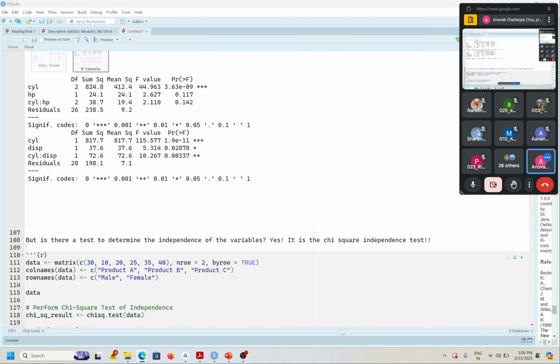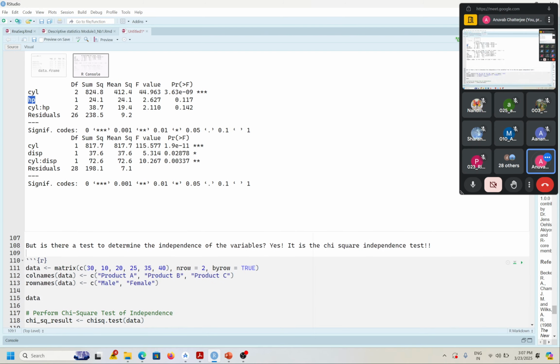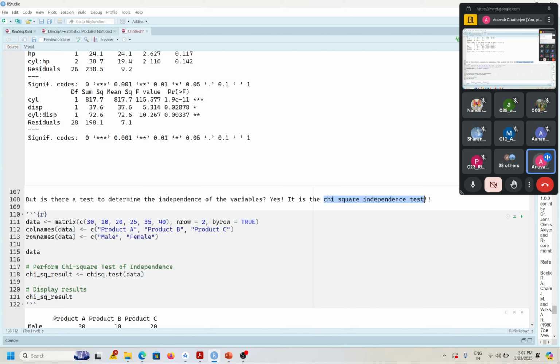In a categorical scenario, if you wanted to figure out whether one variable is dependent on the other, using ANOVA for continuous data we found that mileage is not dependent on HP. But what is the case for categorical variables? In that case, you use the chi-square independence test. So you figure out if two different categorical variables depend on each other or not.